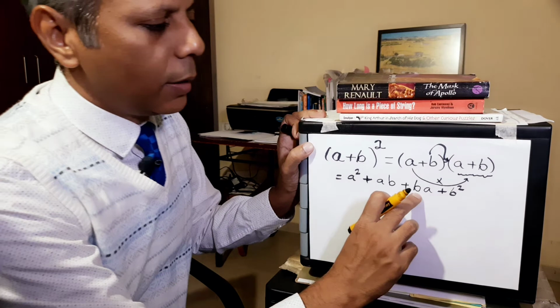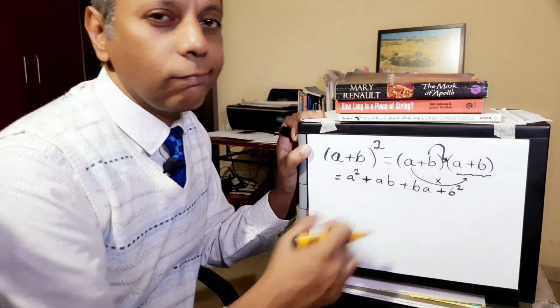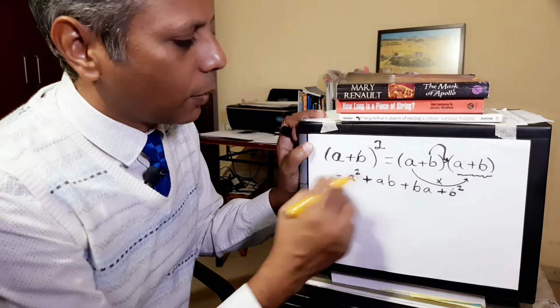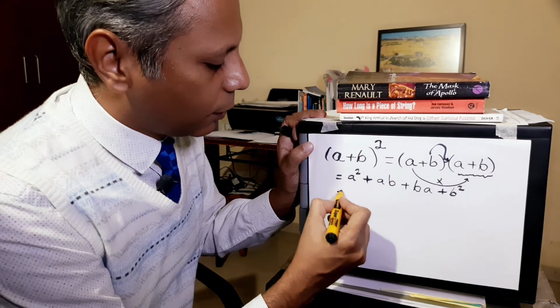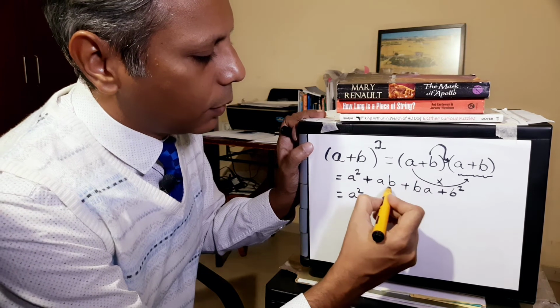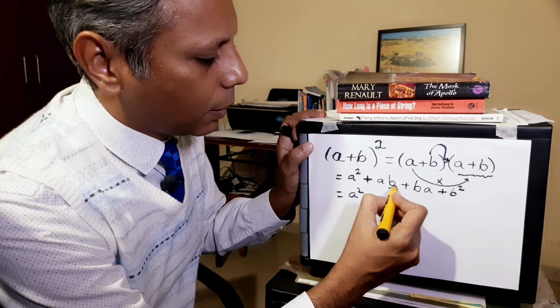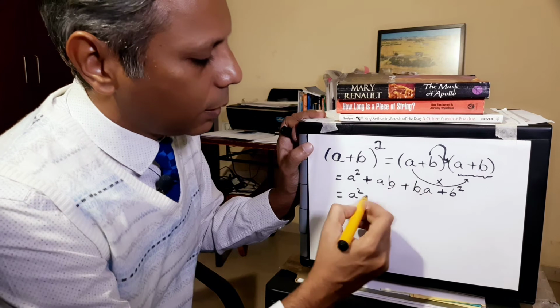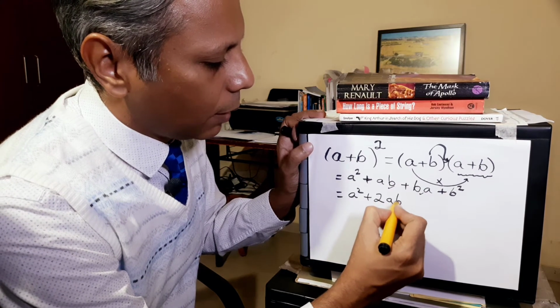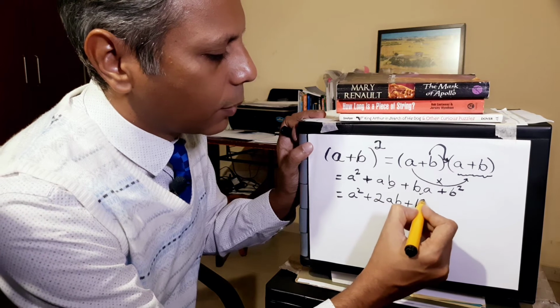Now we know that b into a is same as a into b. 3 into 10 is same as 10 into 3. So we get a square, and these two are the same, so that is plus twice ab plus b square.